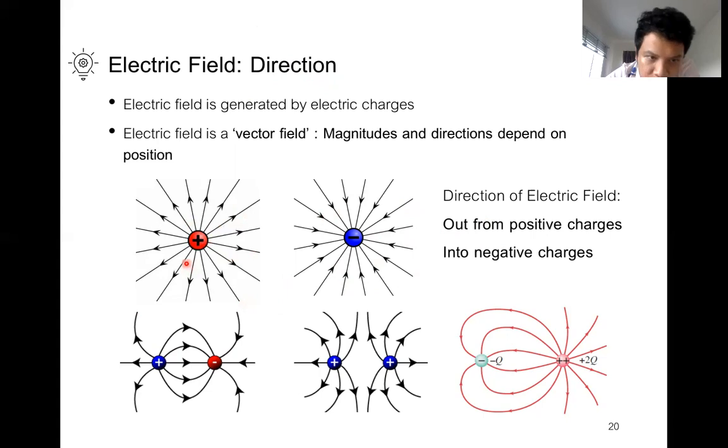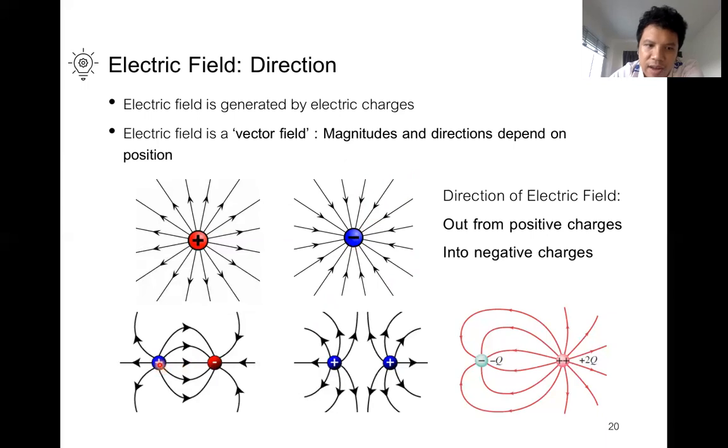As we can see, this system has just one positive charge alone, so all the electric field lines will be pointing out from the positive charge. But when we have the negative charge alone, all the electric field lines will be pointing towards the negative charge.